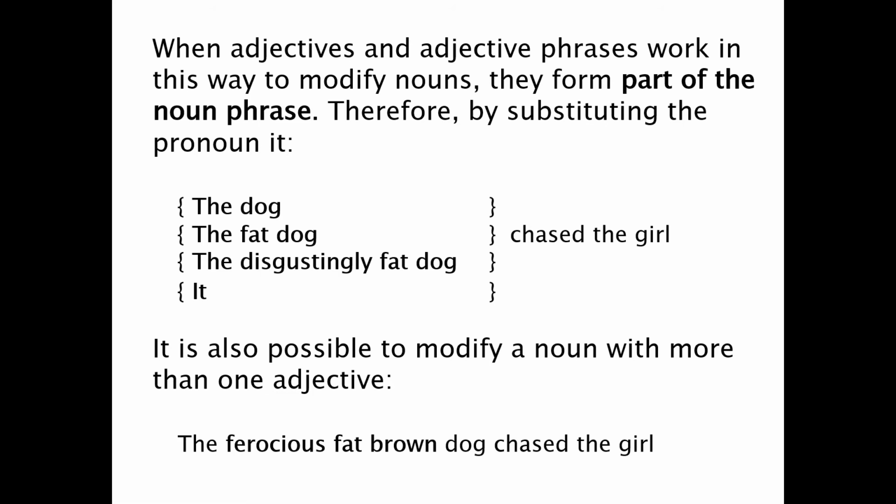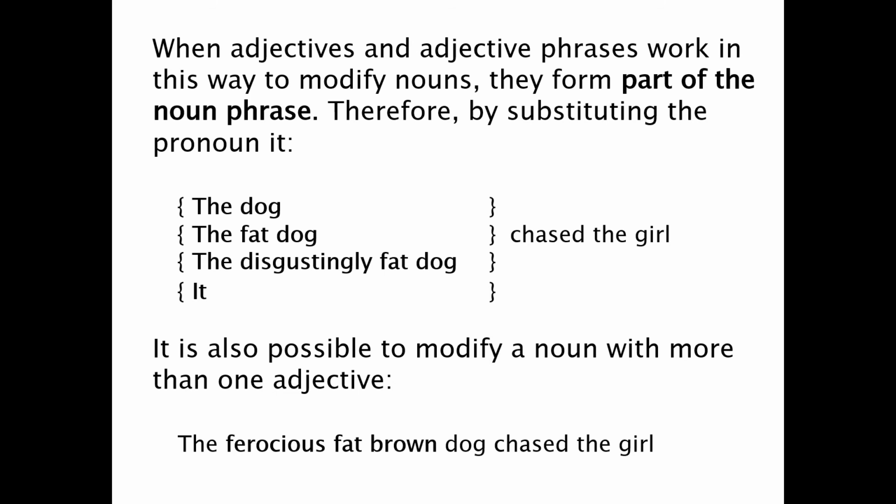As you see, we have a sequence of three adjectives. Another example, if you say, I saw a black man. I saw a huge black man. I saw a very huge black man.